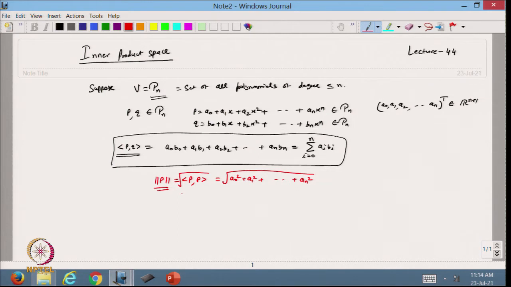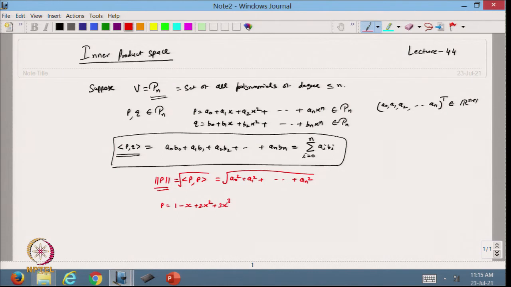Suppose I take a polynomial p as 1 minus x plus 2x square plus 3x cube.